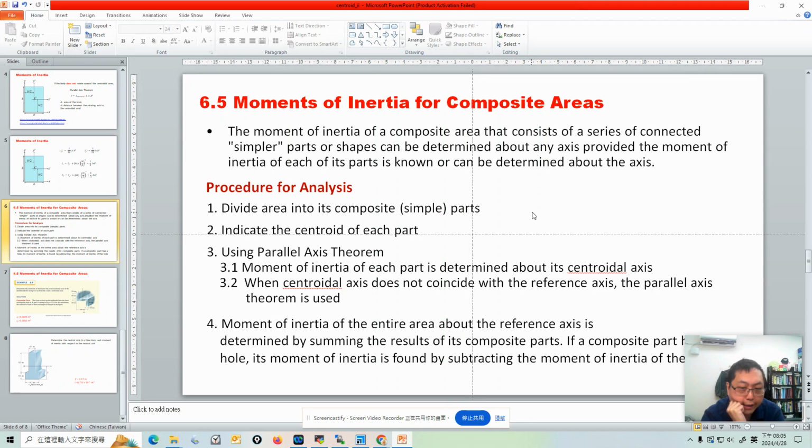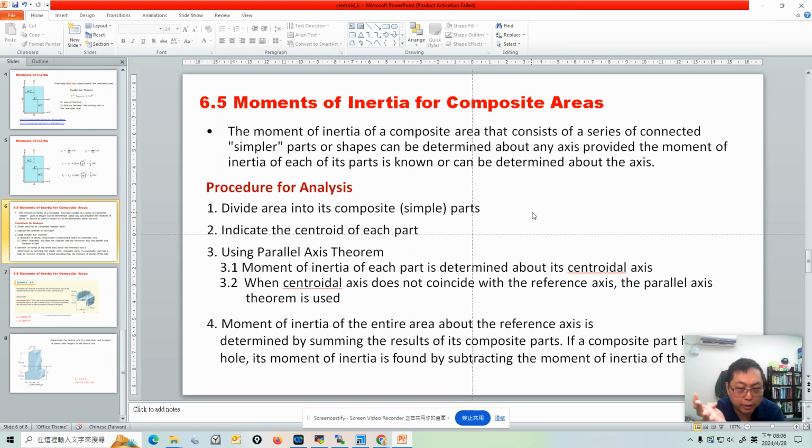After you divide your area into simple parts, try to locate their centroids. That's very important. Locate their centroids, use the parallel axis theorem, and then add all the moments of inertia of the simple areas together, and you will get the final moment of inertia of the composite area.